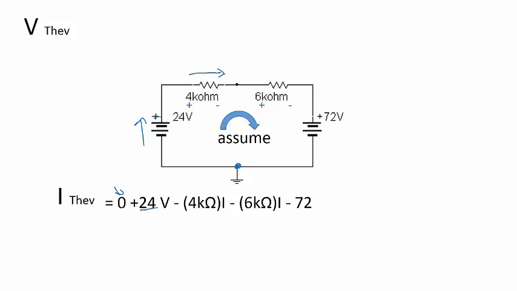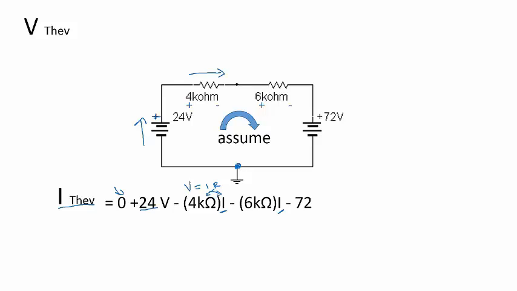Now, what we're doing is solving for voltages. So even though this says I Thev, the unknown when you do a loop is I, and that's what we're solving for. So using Ohm's law, a voltage is equal to IR. There is your unknown I, and there is your R.